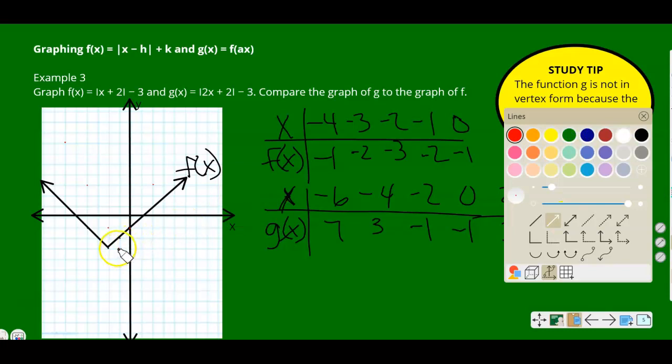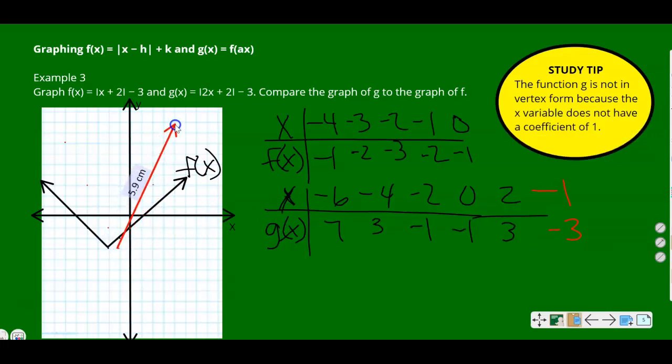All right. And this is the graph that represents g of x.